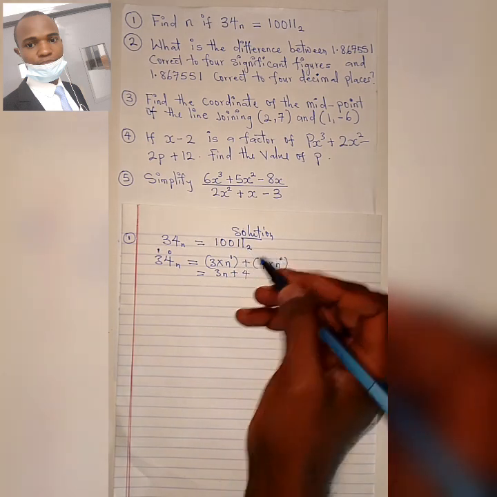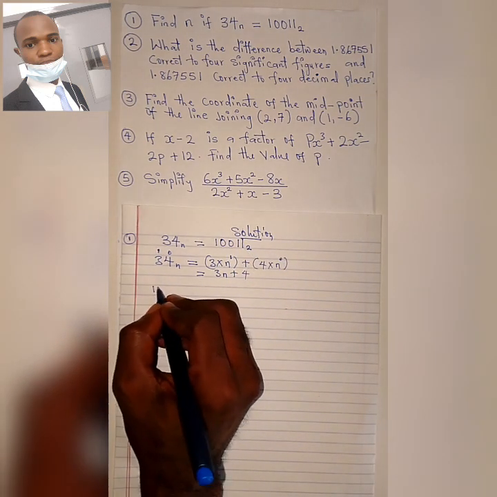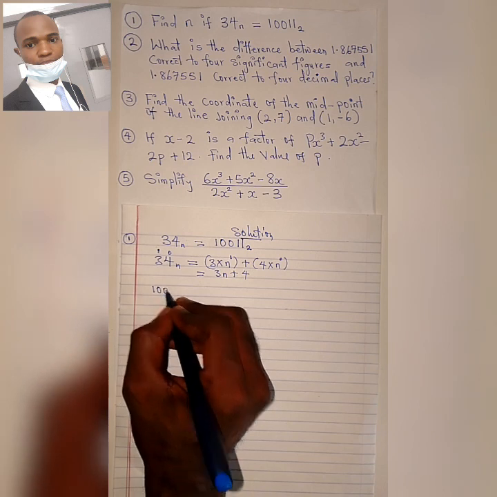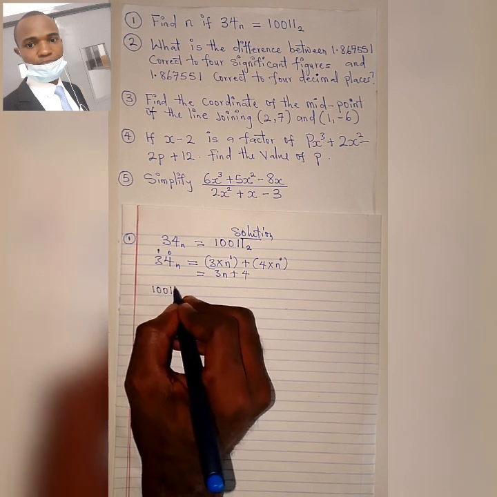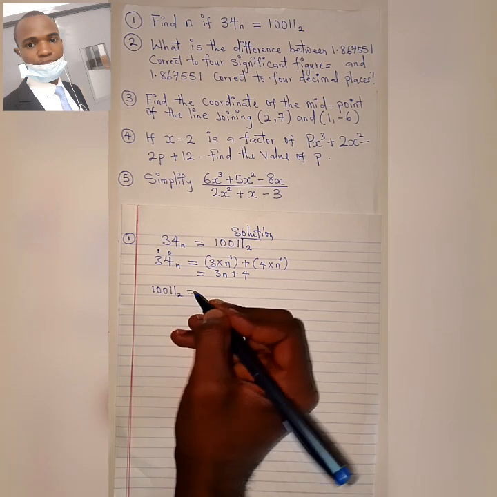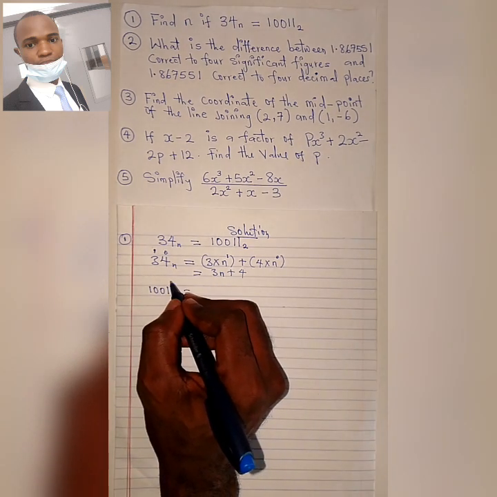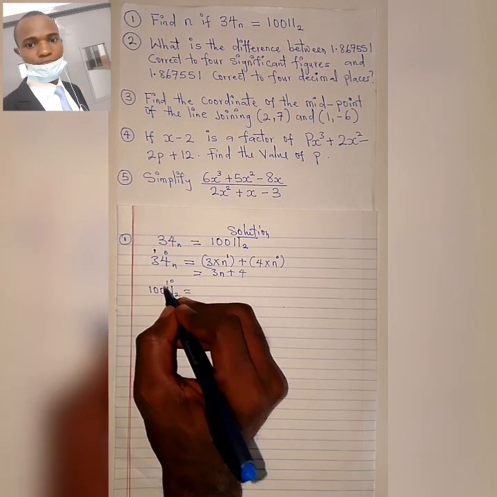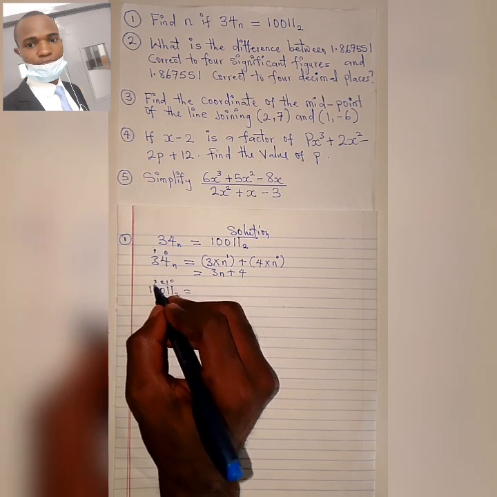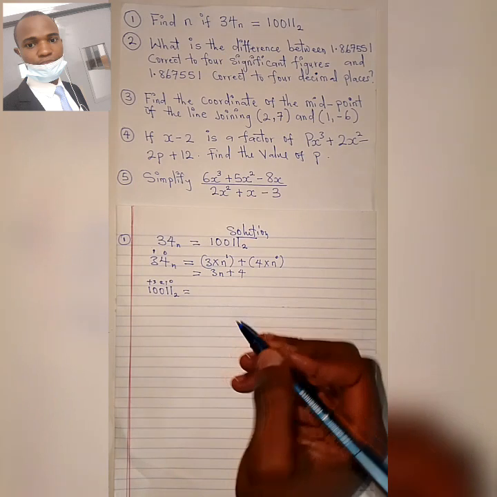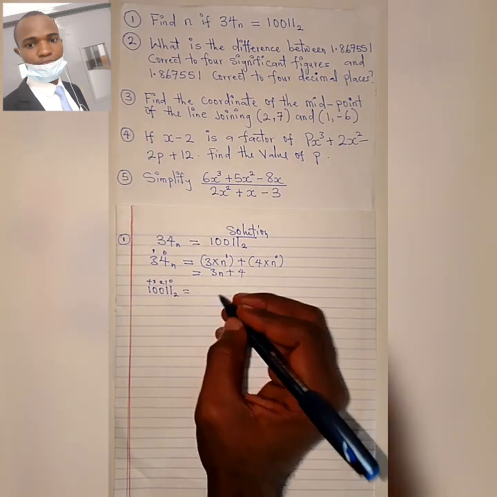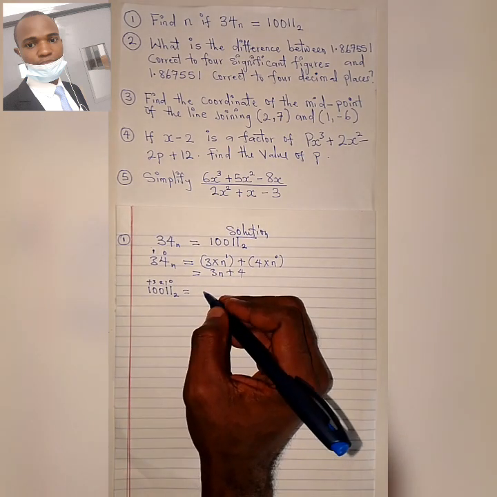Okay, so now let's go ahead to convert this 10011 base 2 to base 10 also. Let's label these numbers 0, 1, 2, 3, 4, so that just shows their place values.